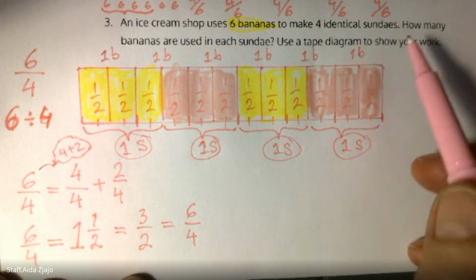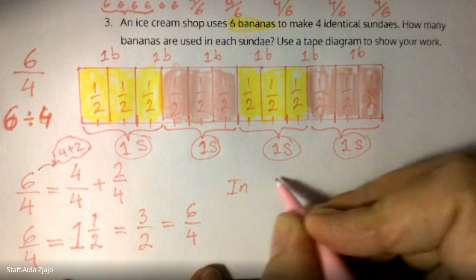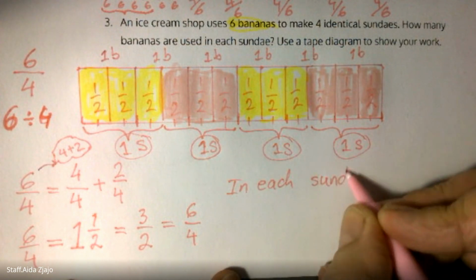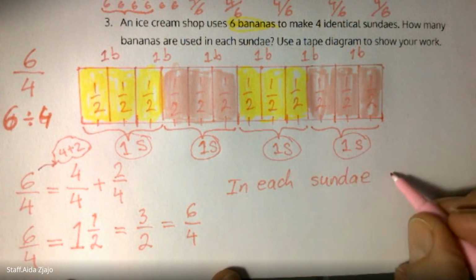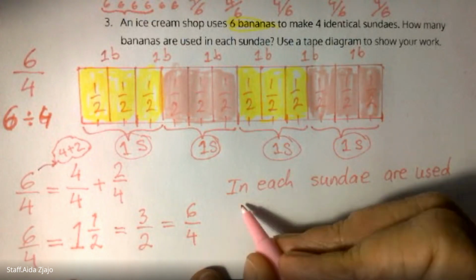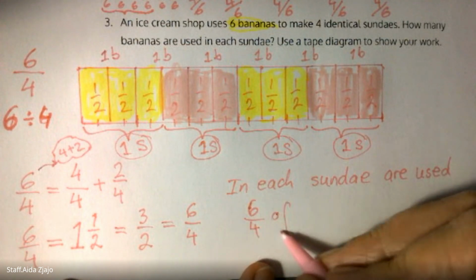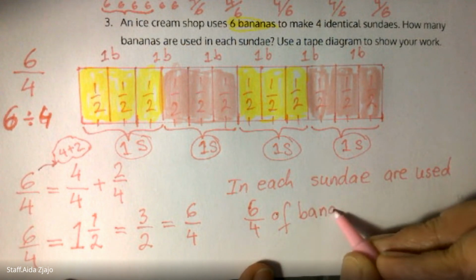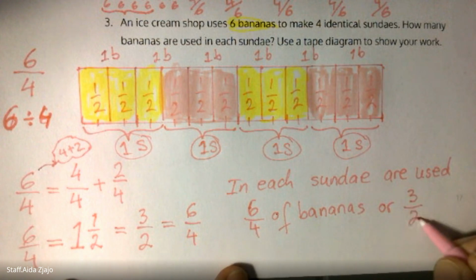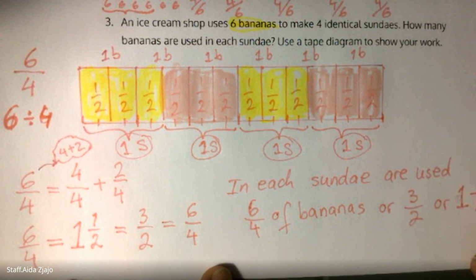Okay, the question: how many bananas are used in each Sunday? In each Sunday are used 6/4 of banana, or 3 halves, or 1 whole and 1/2 banana.